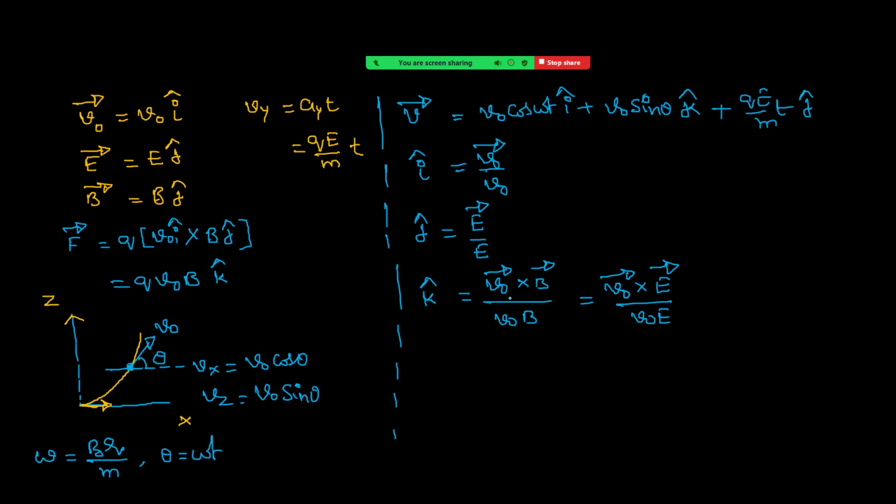Velocity is along I cap, field along J cap, so I cap cross J cap gives K cap, divided by the modulus value. Or same thing with E bar in the place of B bar. So in the place of I cap, J cap and K cap, that is our final answer.